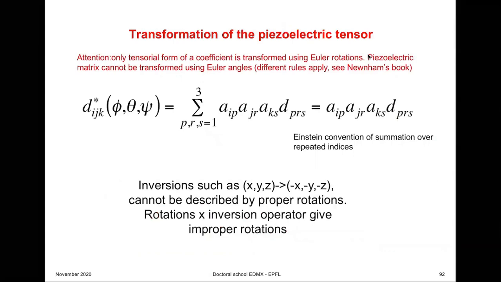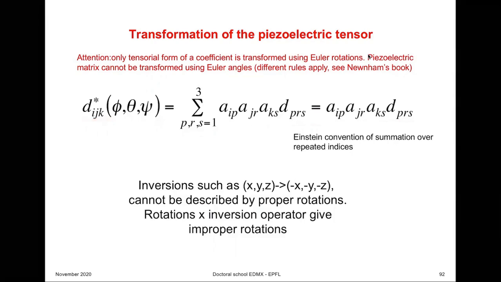Now, how do we transform piezoelectric coefficients from one system to another? We take values in the crystallographic system, and we apply these matrices to get the value at an arbitrary angle defined by phi, theta, and psi. This is valid only for tensors, when you express the piezoelectric coefficient in tensor form, so note the three indices.